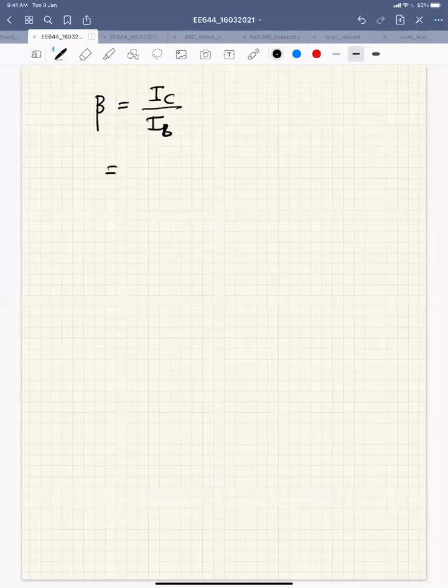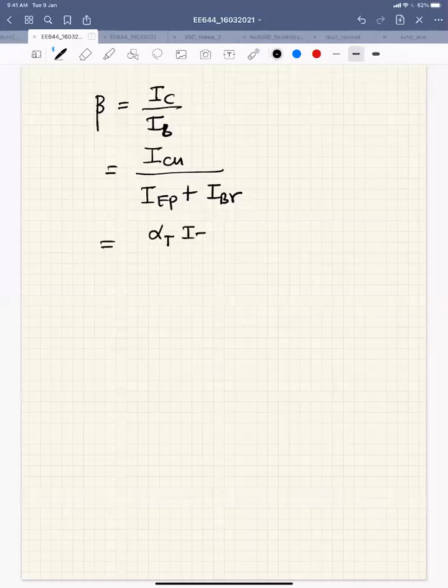So I could also write beta. IC is nothing but your ICN, and IB I could write down as IP plus IBR, right? The IP, the hole component in the emitter current, plus IBR, right? And ICN is nothing but the transport factor times IN, because I could write down IP, and IBR is nothing but 1 minus alpha T times IN, right?